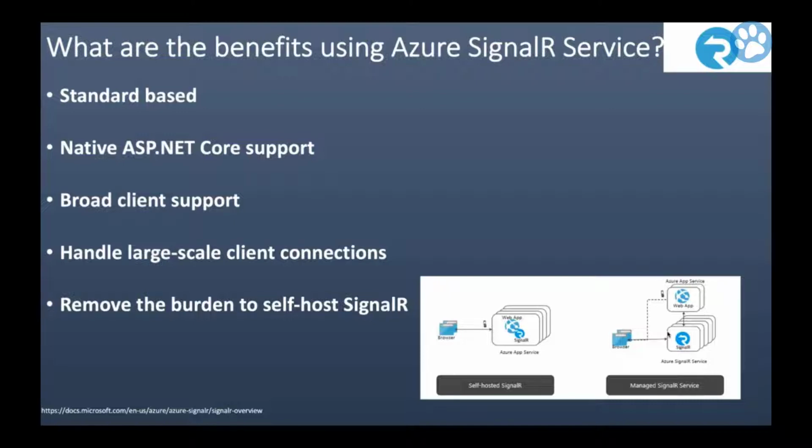the advantage of going for Azure SignalR is that it provides an abstraction layer over the standard protocol, that is the WebSocket. It gives the complete abstraction. So it is not necessary for us to create a socket object, configure a port for that socket object, and then manage the subscription explicitly.